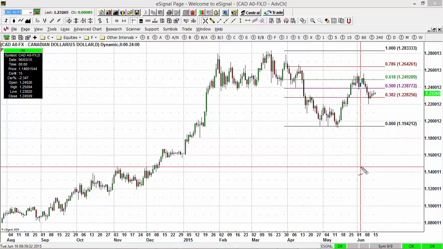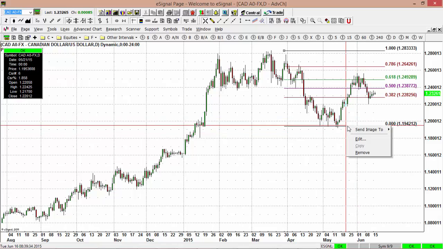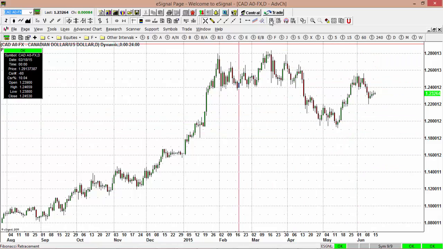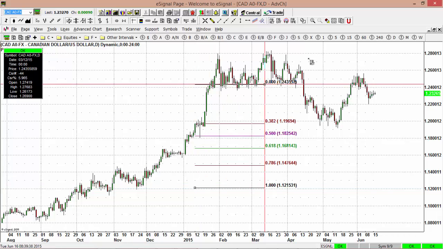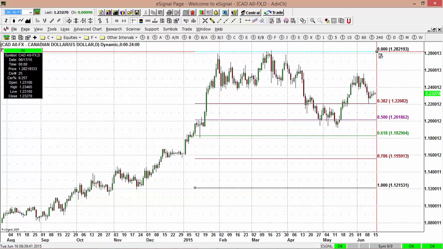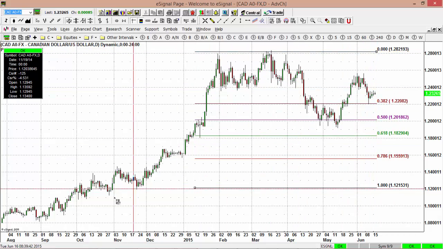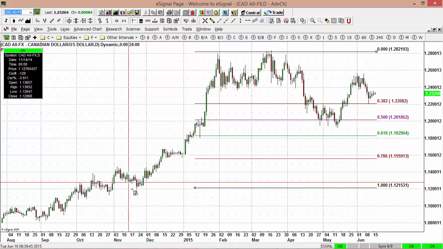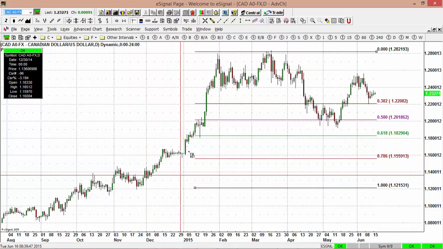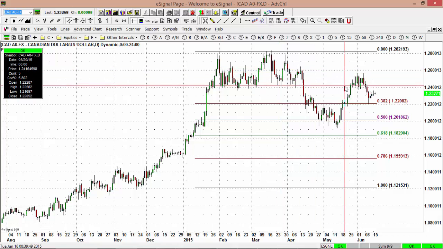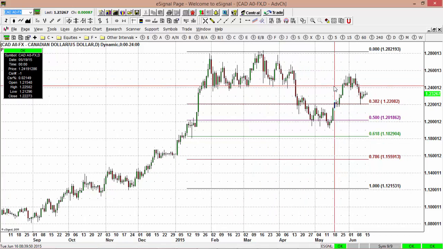That's what the bears are seeing, while the bulls are probably looking at this as a 50% Fibonacci retracement off of this swing low from 112 up to 128, and they are thinking, okay, the market will continue to rally.